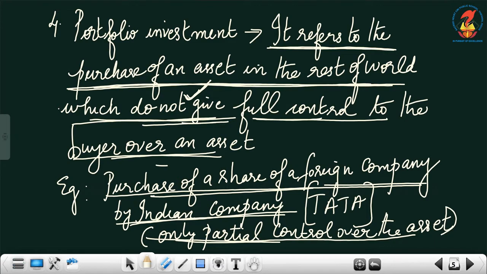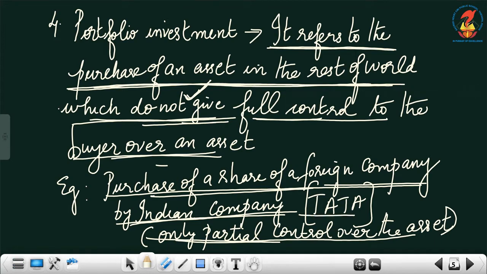Purchasing a share of the foreign company means only partial control is there for the Indian company, and the other half is there for that particular company itself. Only the company's share is being purchased by the Indian company. So, it does not have full control over the asset, but it is an asset for the Indian company. Only partial control, but it is an asset. So, that is known as portfolio investment.